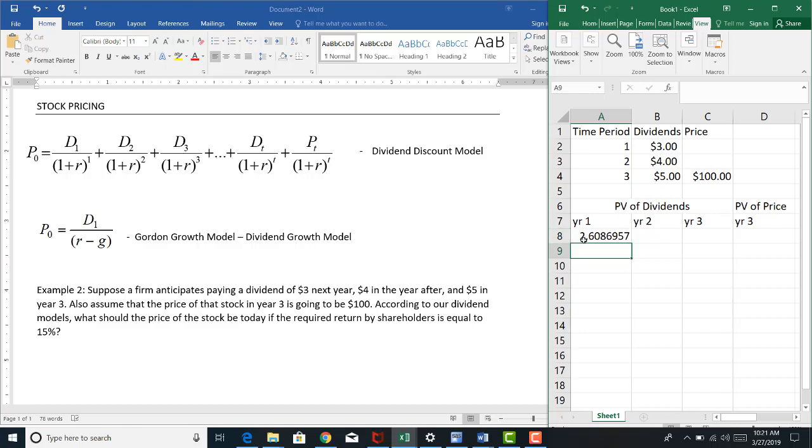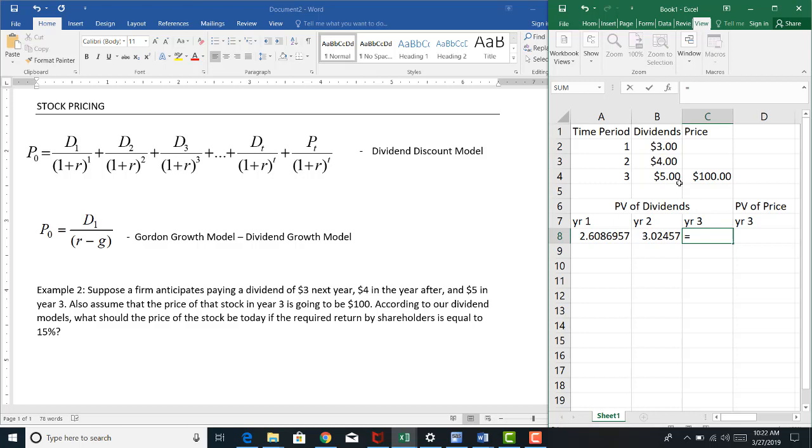And I get a dividend of $2.61, which should look familiar from the last example. In year 2, I take the dividend in year 2 divided by 1.15, or 1 plus R raised to the power of 2. I'm discounting back this dividend 2 years by a rate of 15%. And I get a dividend of $3.02.